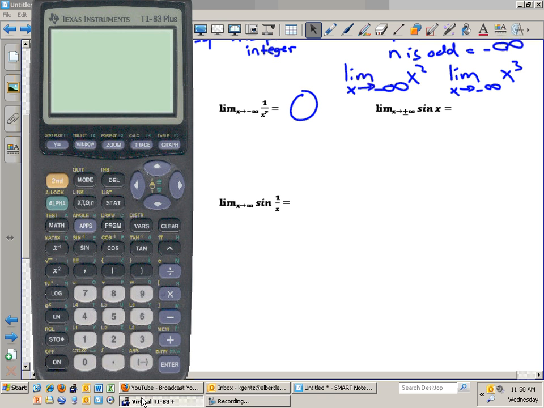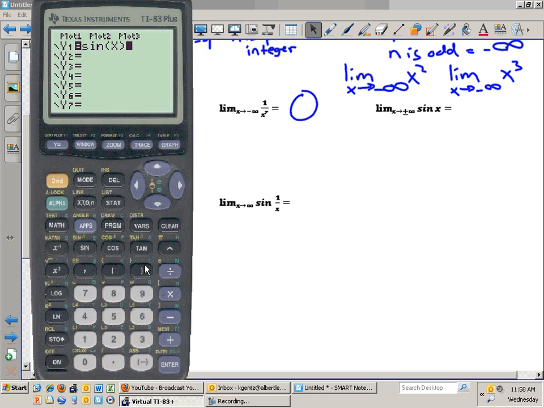Now, let's look at a couple that are a little bit more interesting. Those aren't really all that interesting. If I look at, say, y equals the sine of x, what I want you guys to understand is that as you go towards positive and negative infinity, that's really along the horizontal axis here.